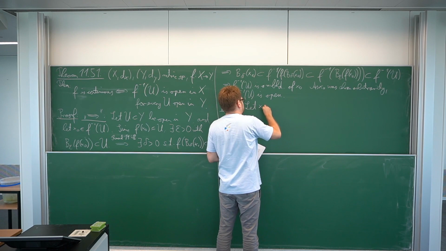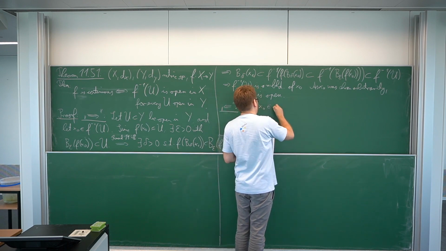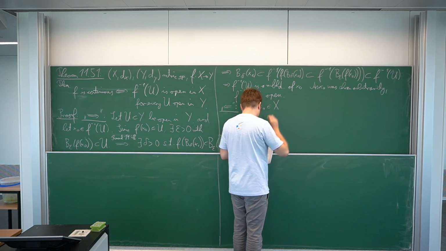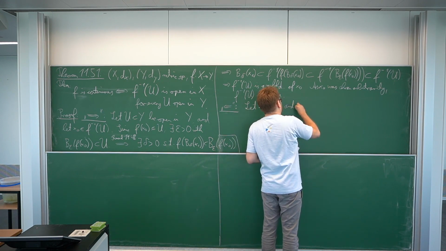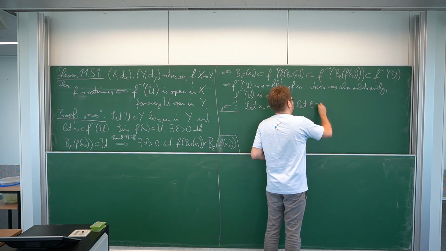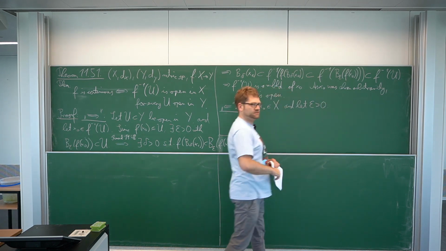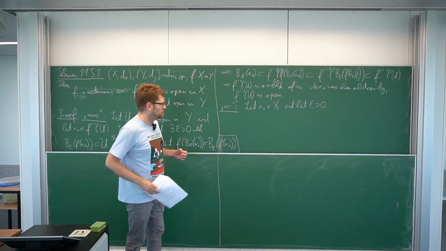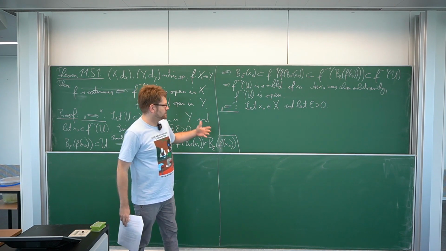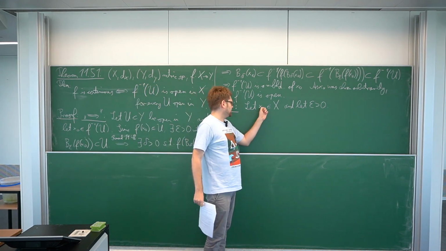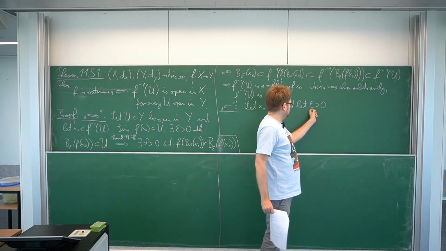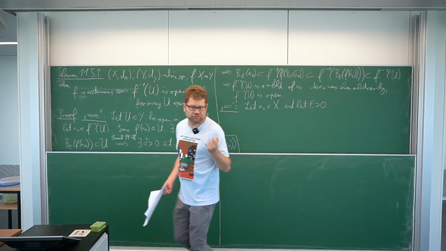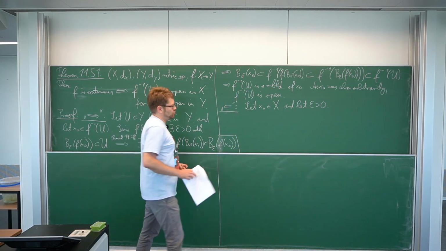So again we let x0 be some point in X, and we let epsilon bigger than 0, and in the definition of continuity we need to show there exists a delta such that if the distance of x and x0 is smaller than delta, then the distance of the image points is smaller than epsilon. This is just really by definition of continuity what we want to show.